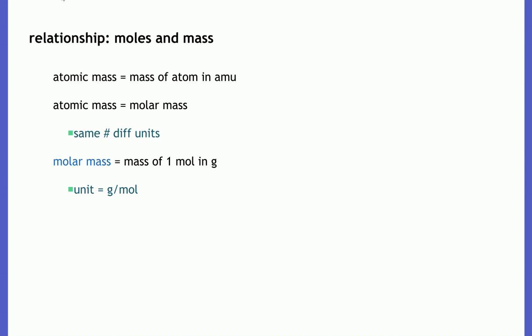So we're going to talk about an atomic mass, which is the mass of an atom in AMU, but then we're also going to talk about a molar mass, which is a completely different thing, but also related. So the atomic mass for any given element is found on the periodic table, right? I know that one carbon atom from my periodic table has an average atomic mass of 12.01 AMU.